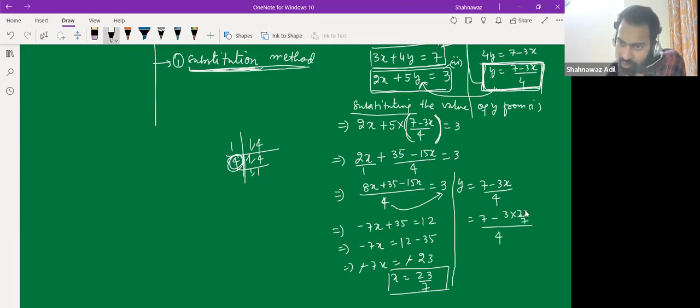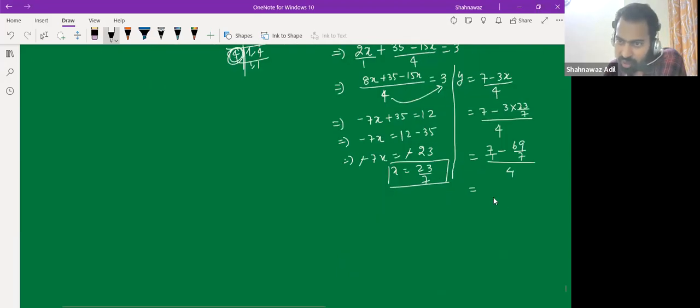So again, this would be how much? 7 minus 9 and 6 by 7 divided by 4. So I take the LCM. So this would be 7 and 1 divided by 7. So 7 into 7, 49 minus 69 divided by 4.